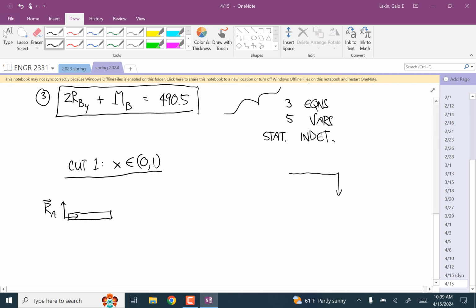And so we have this distributed load that has a total length of x and a total height of 490.5 divided by 2.